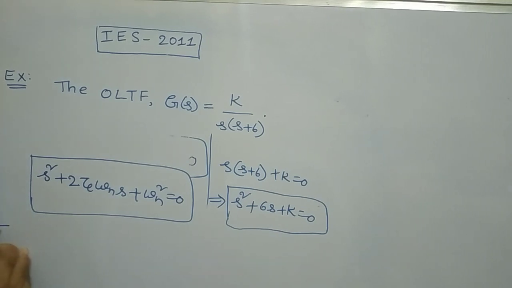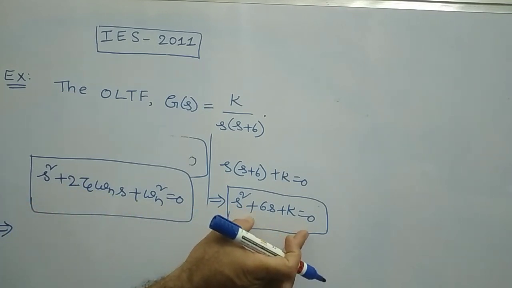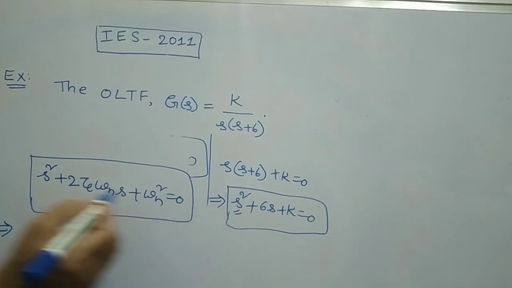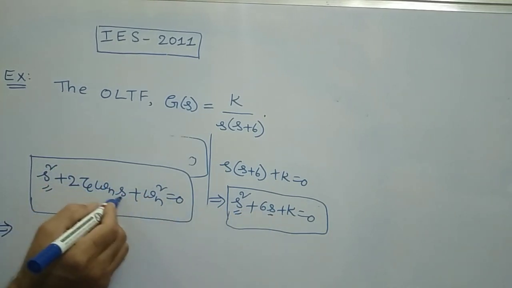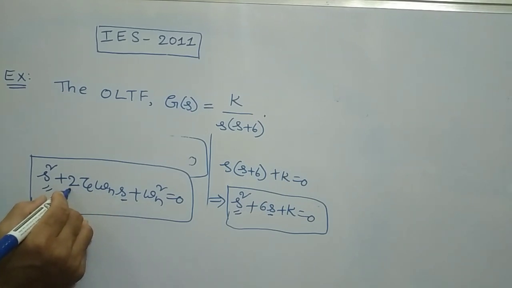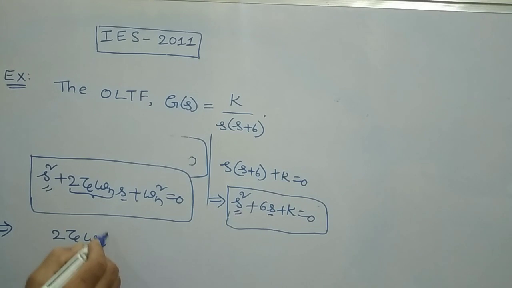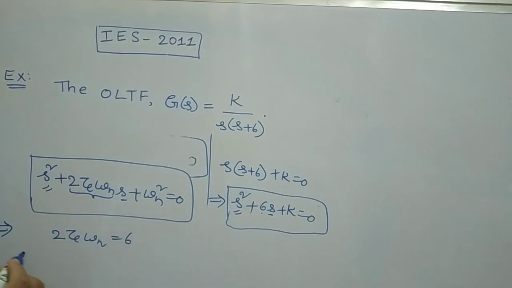Now you equate this with the equation. Comparing the s square term, it is there. Then the s term: 2 zeta omega n is equal to 6. Since zeta is given, omega n can be obtained.